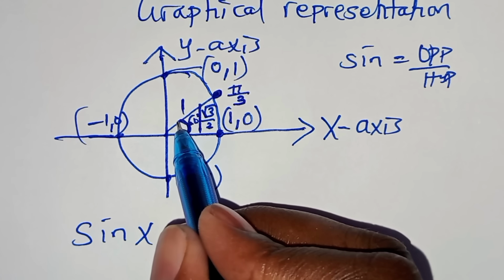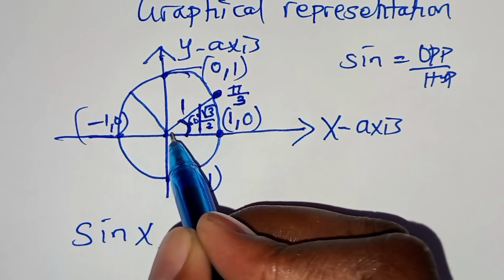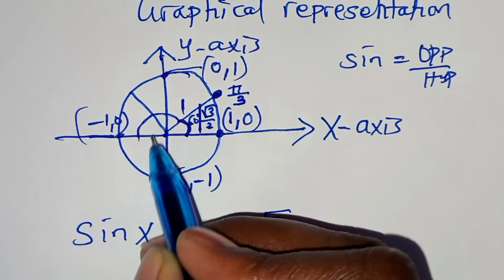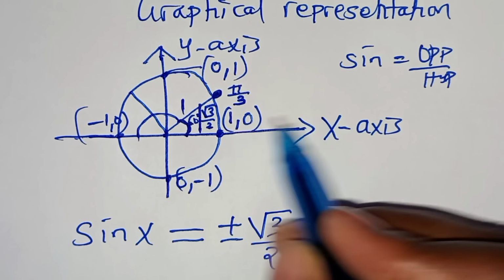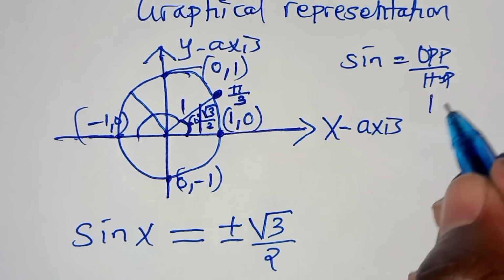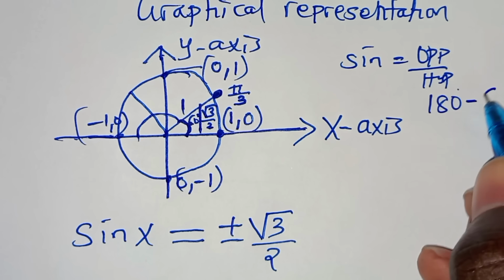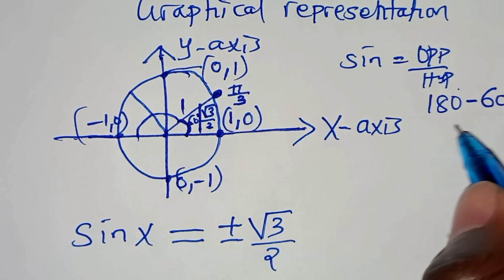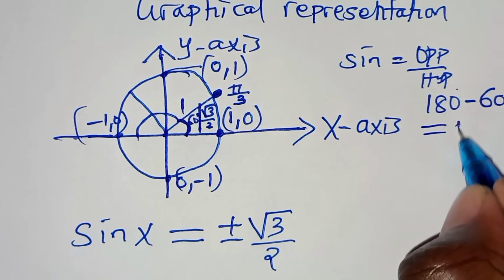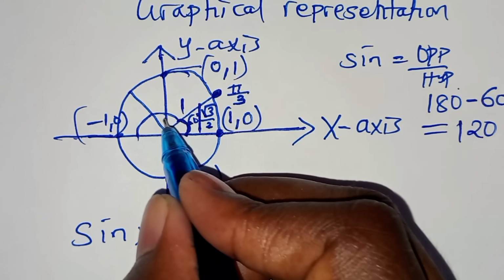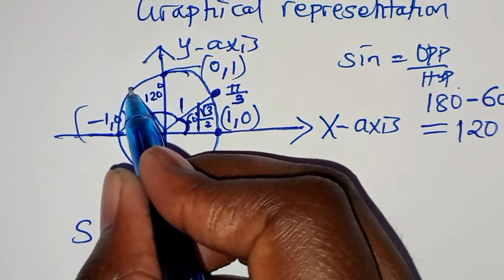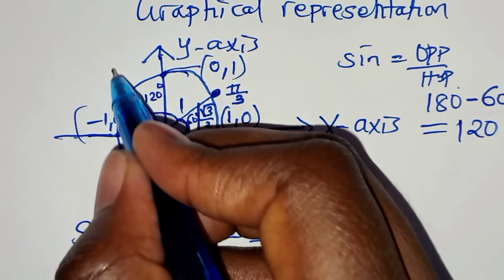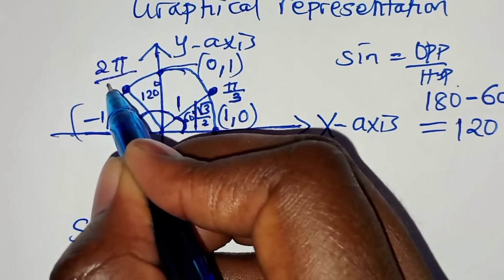Now, we have also here, in a straight line, angles add up to 180 degrees. So we have 180 subtract 60 degrees, which is equal to 120 degrees here. And this is the same thing as 2 pi over 3.